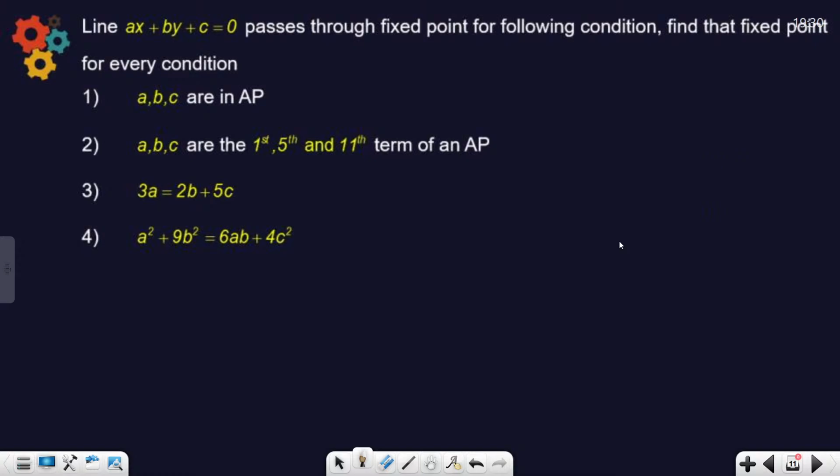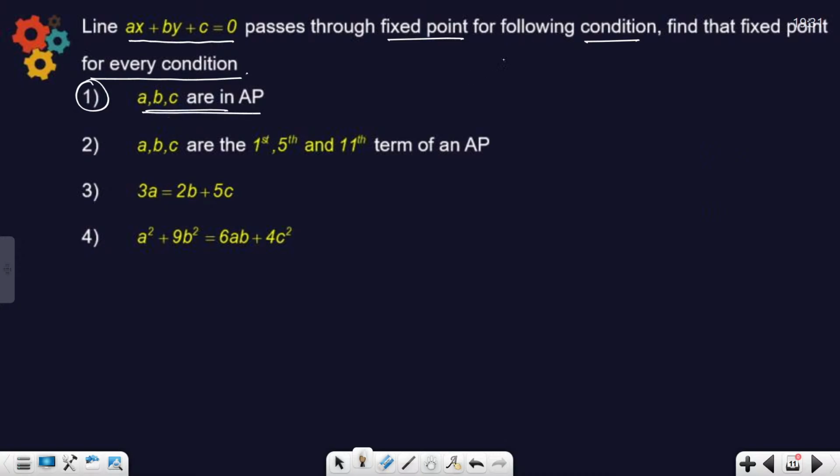See this question. The question says that ax plus by plus c equals 0 passes through a fixed point for the following conditions. Find that fixed point for every condition. Is it clear? So the first case is that A, B, C are in AP.